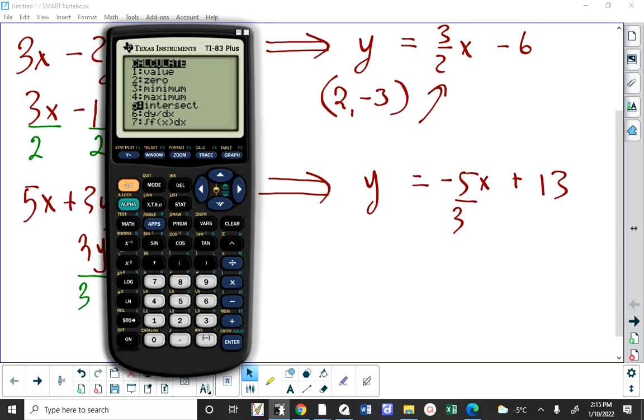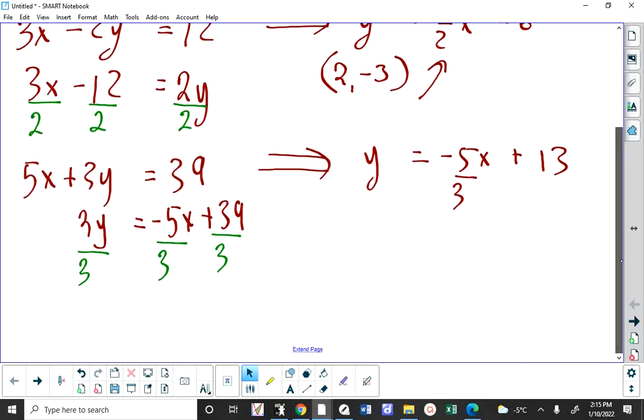If you have only two different graphs, you don't need to overthink things. As long as you can see the point of intersection, hit enter 3 times. First curve, second curve, decline the offer of guessing, and just hit enter. So 6, 3. I don't have my glasses on. Does that say 6, 3?